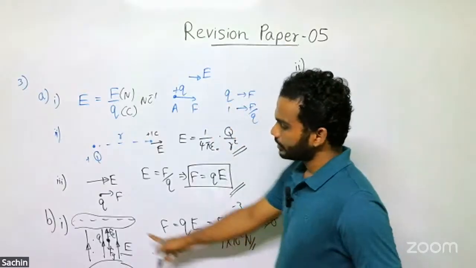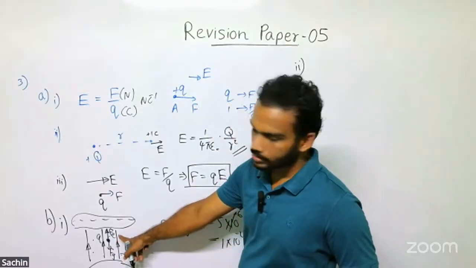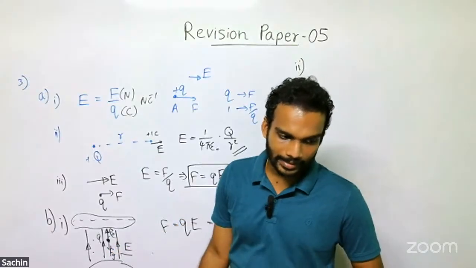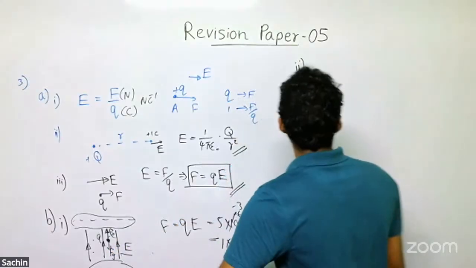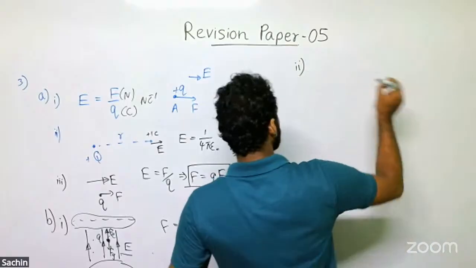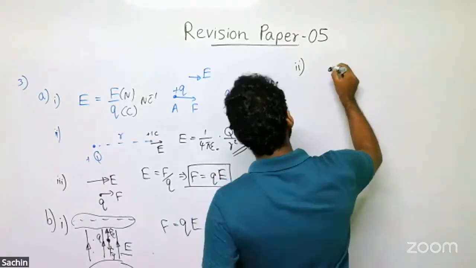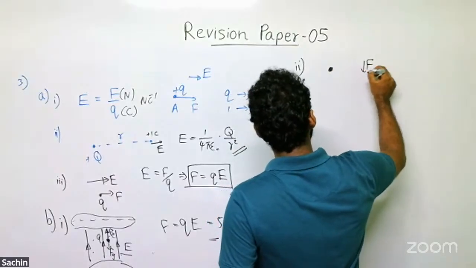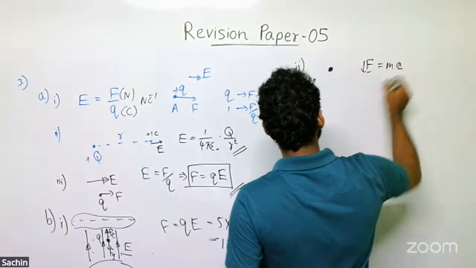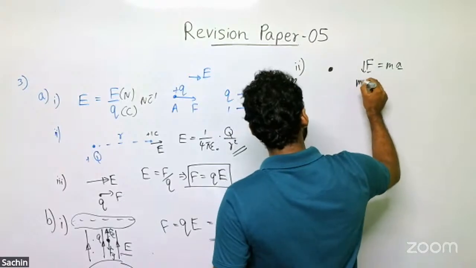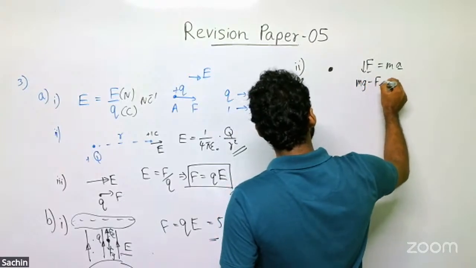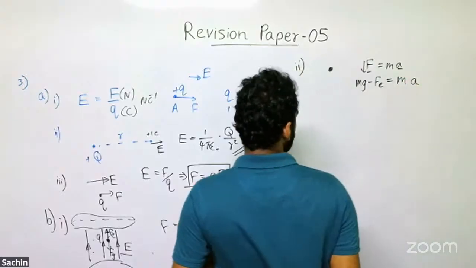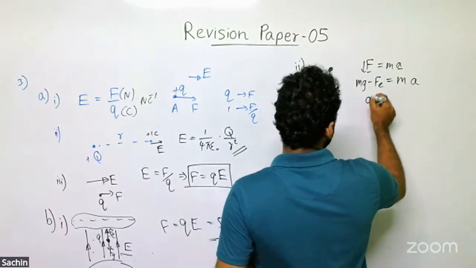Now there will be an electric force, and because of this electric force, the acceleration due to gravity is decreased. If you apply F equals ma downwards, the resultant force is not only mg, there is this electric force. So mg minus F is equal to the mass times acceleration.